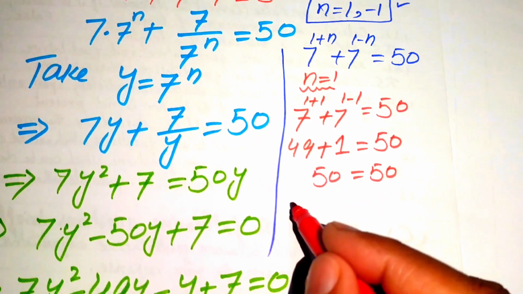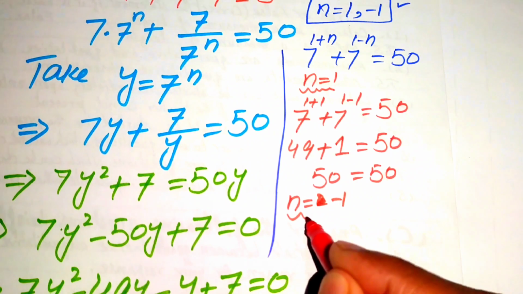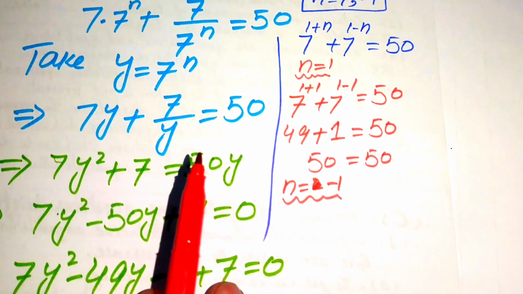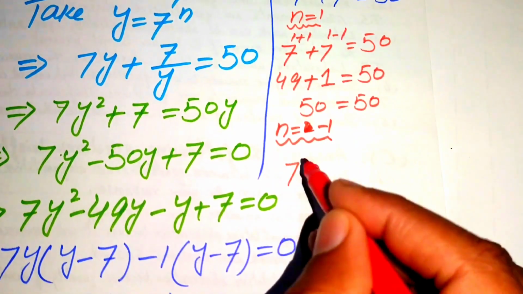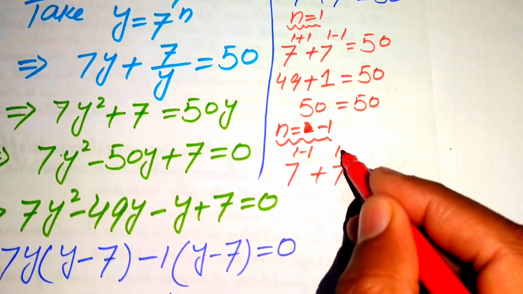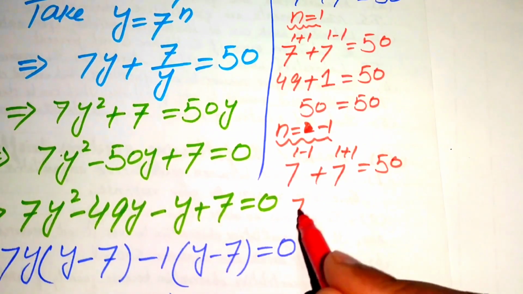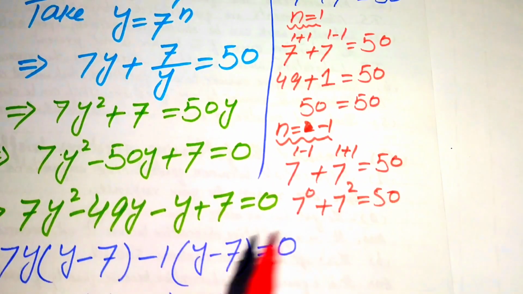And now we check n equals minus 1. So now we put n equals minus 1 in this given equation, and we get 7 to the power of 1 minus 1 plus 7 to the power of 1 plus 1 equals 50. So here you get 7 to the power of 0 plus 7 to the power of 2 equals 50.